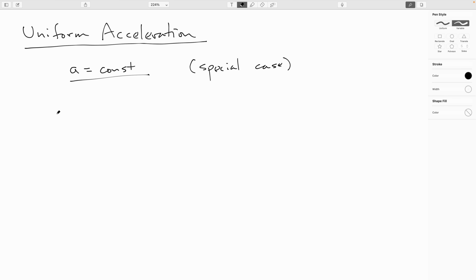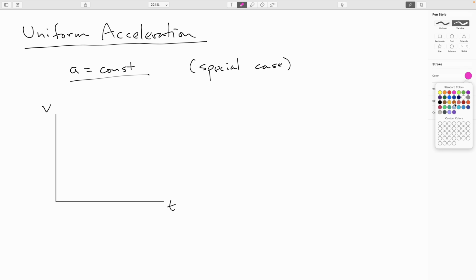So I will go ahead and make a velocity time graph for a typical case of uniform acceleration. Now, to have uniform acceleration, that means the slope of the velocity in a velocity time graph needs to be a constant. So the slope here is equal to the acceleration.